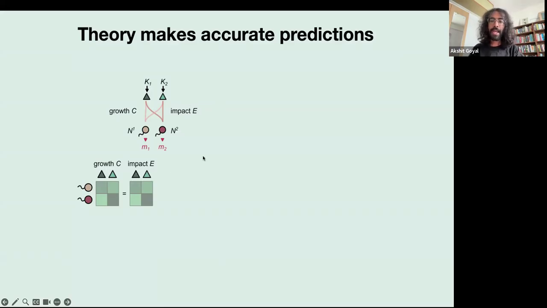And to test if the theory makes accurate predictions, I'm going to compare two solutions. One is that I'm going to simulate this model and run it to steady state, no theory, and solve for the steady state species abundances and resource abundances. And the second is I'm going to actually try to compute them using those formulas that I wrote over in the previous slides. And I'm going to compare them.